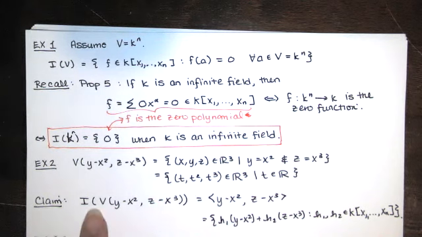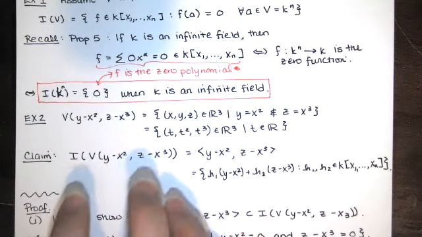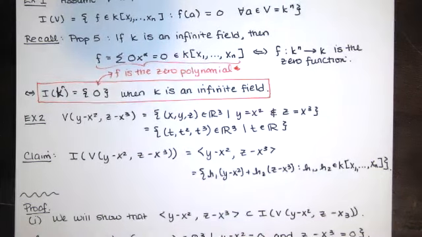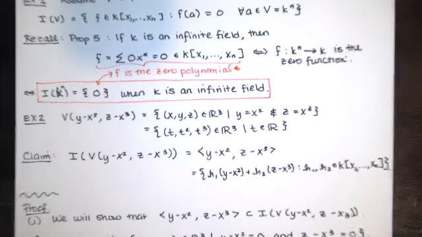And we showed that the ideal of the variety given by the twisted cubic is the same as the ideal generated by those two polynomial functions, which led to a pretty interesting question.